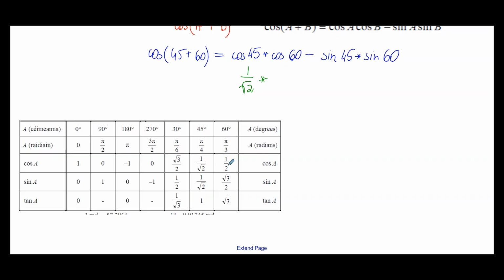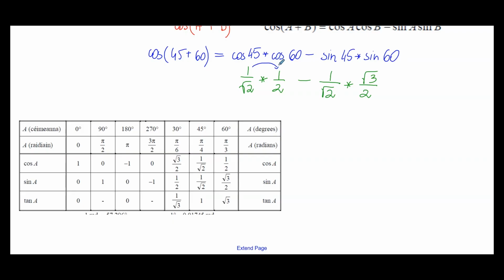So cos of 60 is 1 over 2, minus sin of 45. So sin of 45, 1 over square root of 2, multiplied by sin of 60, square root of 3 over 2. So how do we do this calculation without using a calculator?